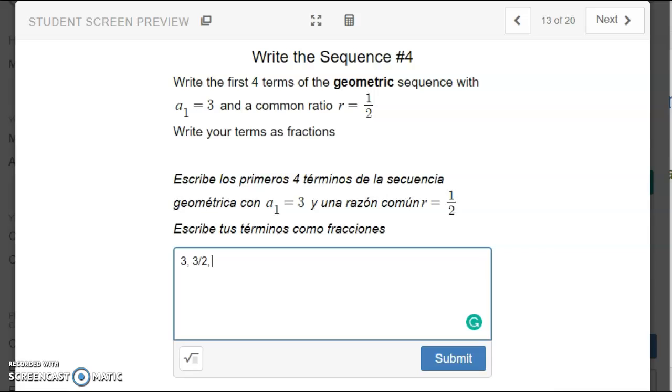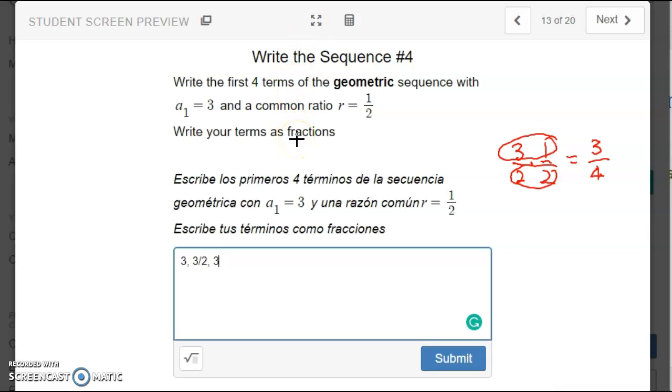Right now I have 3 over 2, multiplying that by half. Remember, how do we multiply fractions? We multiply top with top and bottom with bottom, and you get 3 times 1 is 3, and 2 times 2 is 4, so it's 3 over 4.